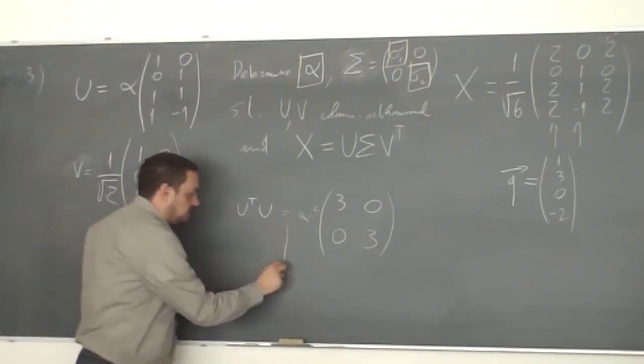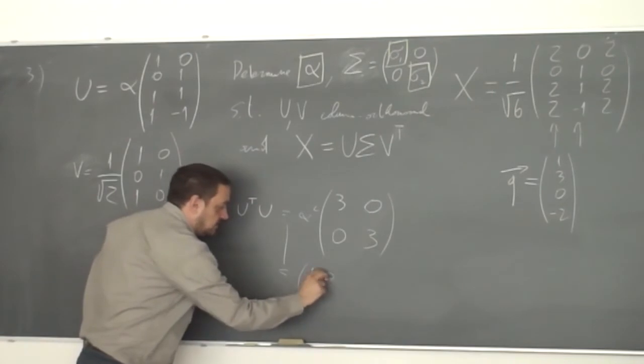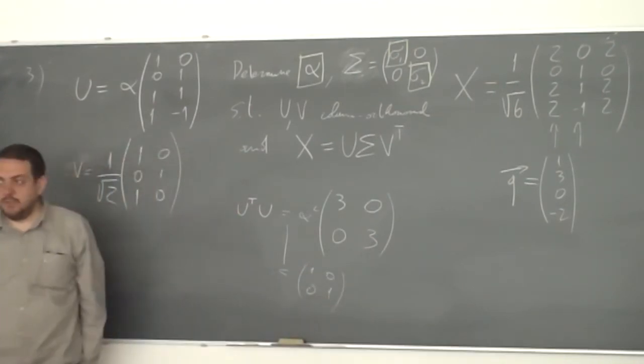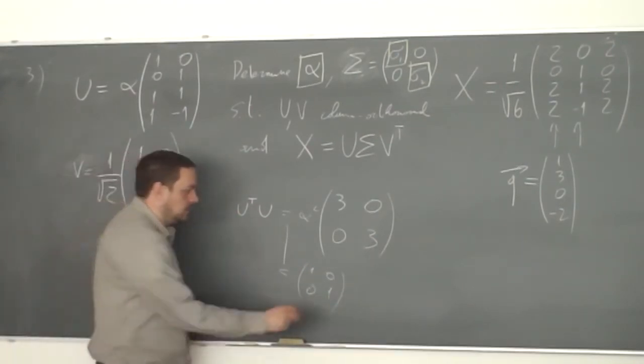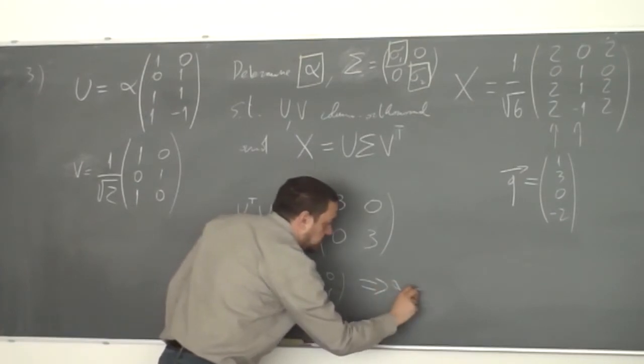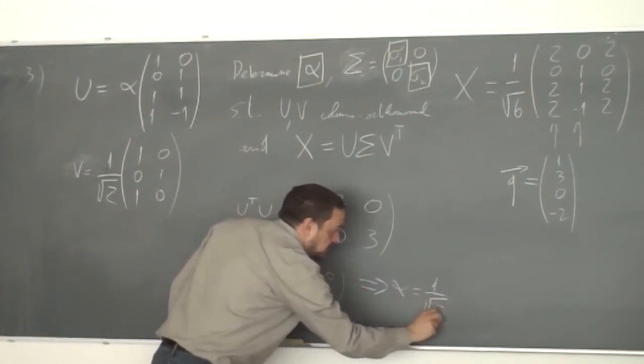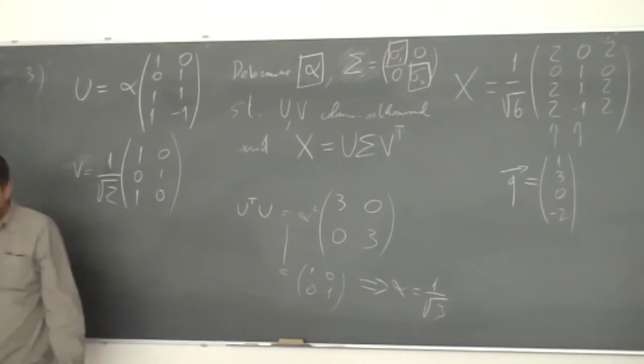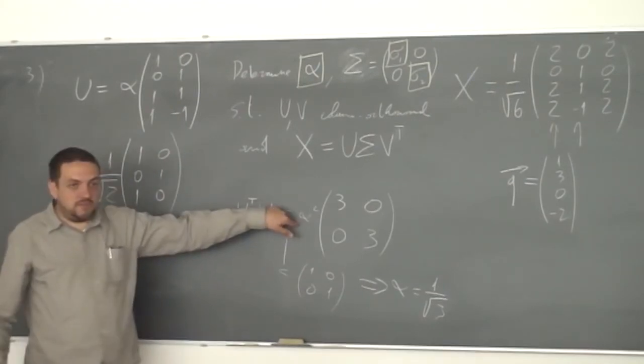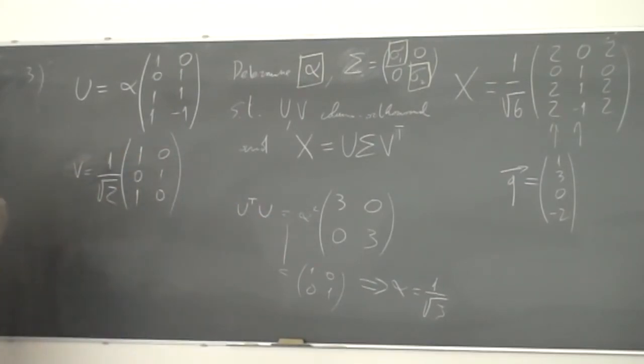We want this to be equal to 1, 0, 0, 1. So of course alpha squared must be 1/3, so alpha is 1 divided by the square root of 3.